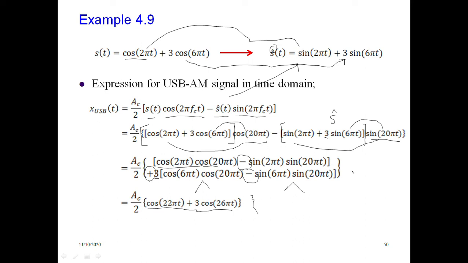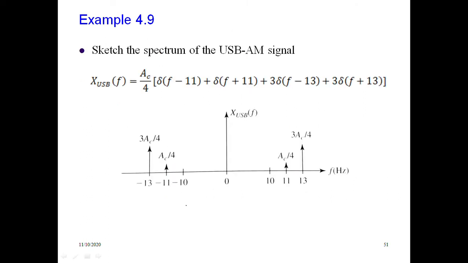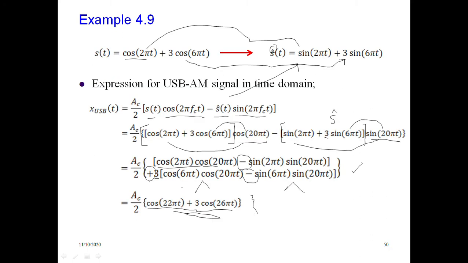You have to expand this equation carefully. But remember the tip: it will reduce the cos. So for example in here, from 1, 2, 3, 4, 5, 6, 7, 8, only this 2 is left. When you sketch the spectrum, from here it will become 2 delta, and here 2 delta with the frequency 22πt divided by 2π, 11, and this one 13.